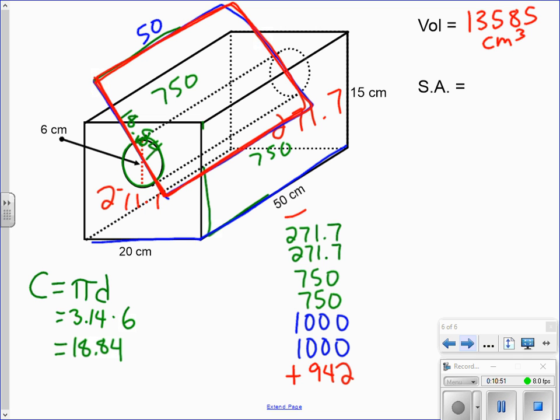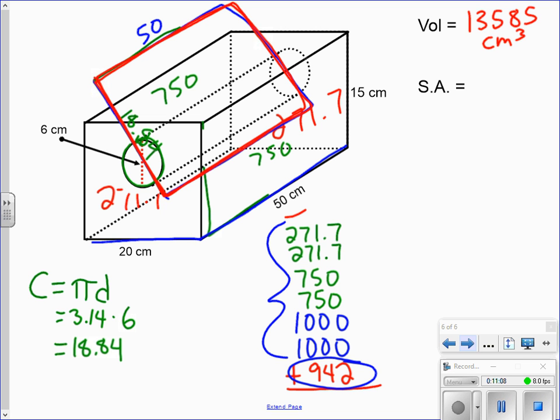Yes, that seems like a lot to take in. So again, these 6 sides are the rectangle, and this is the walls of the cave on the inside, which makes that tube. I'm going to add all of those together to find my surface area.